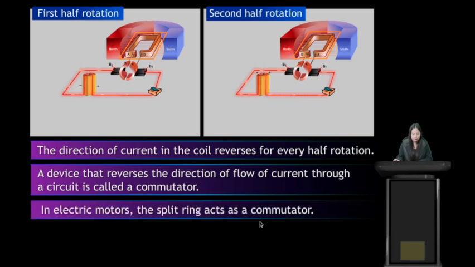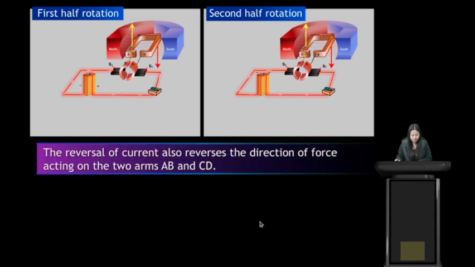In electric motors, the split rings act as a commutator. Here DC goes down, BA goes up. In the second half rotation, AB goes down and CD goes up. So this is how the coil continues to rotate.